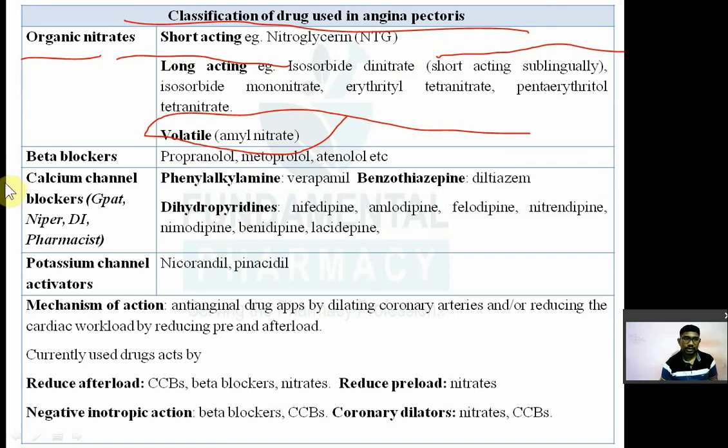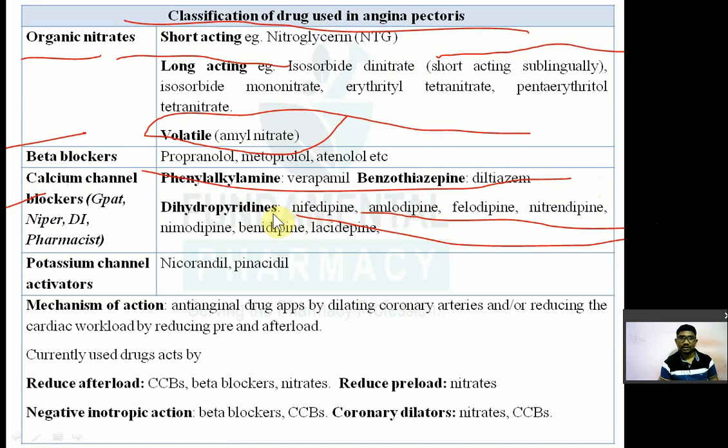Now the second class is beta blockers: propranolol, metoprolol, atenolol, etc. The third class is calcium channel blockers. In that you have different types: phenylalkylamine derivatives like verapamil, benzothiazepines like diltiazem, then dihydropyridines like nifedipine, amlodipine, felodipine, nitrendipine, nimodipine, benidipine, and lacidipine.